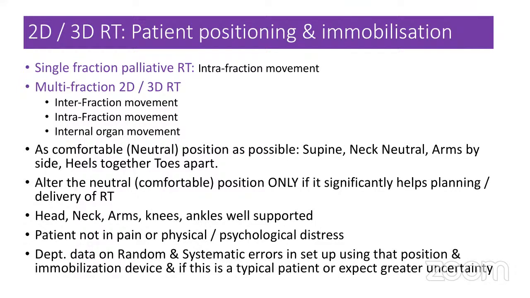Or to keep the spine straight. Or move your arms away from the tangential fields that will come in the breast. Or remove the skin folds. So all these areas like head, neck, arms, knees, ankles should be well supported. Patient should not be in pain or physical or psychological distress. And you should know the departmental data about setup error, as I have mentioned, and what is applicable for this patient.